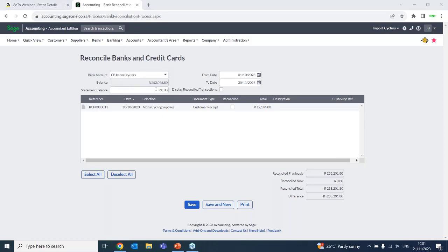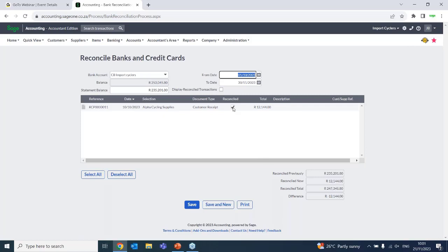So for example, if I actually had to enter this, essentially, this is what we would hope to see. We would hope to enter our statement balance and then actually have it say 0 here, so that we see there's no difference.